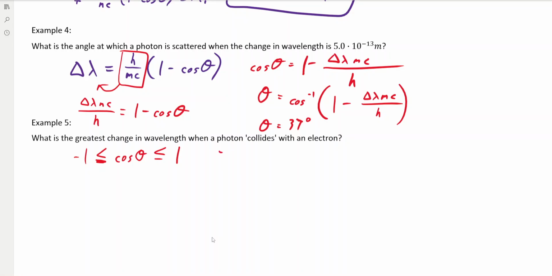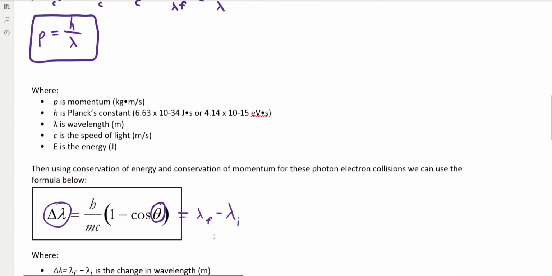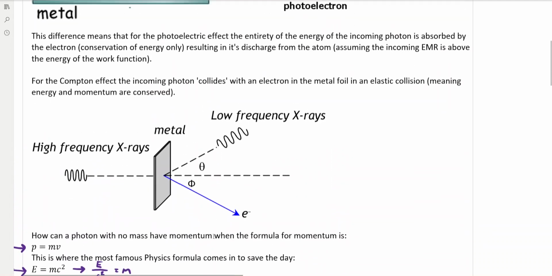When does that happen? Well, cos becomes negative 1 when theta is 180. So basically, when the electron comes in, actually we'll go up to one of these examples here. The theta is this angle here, right?